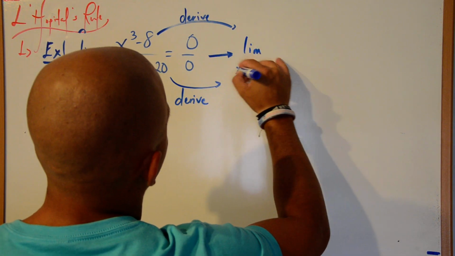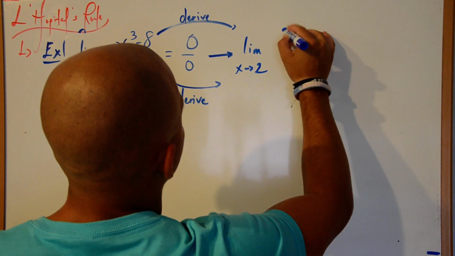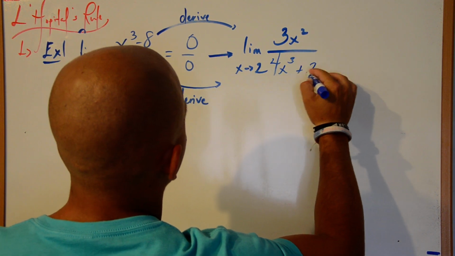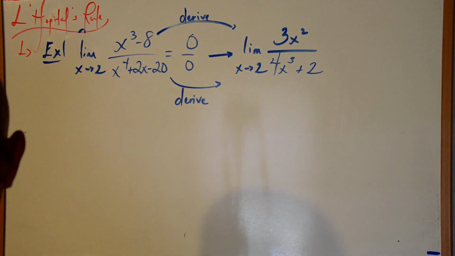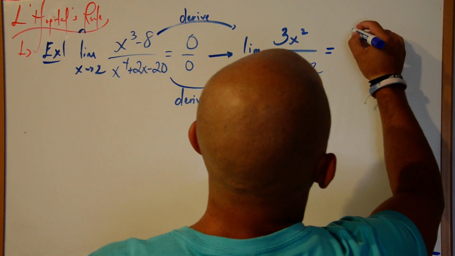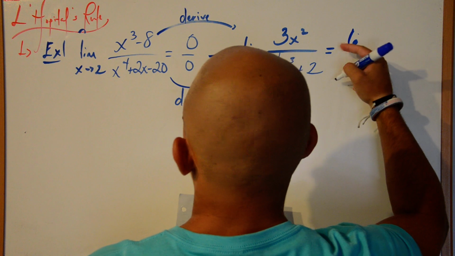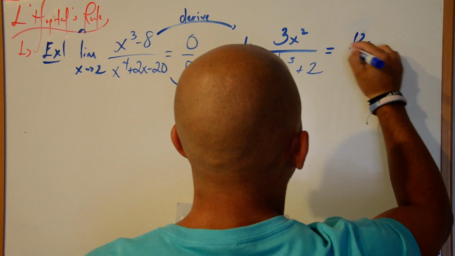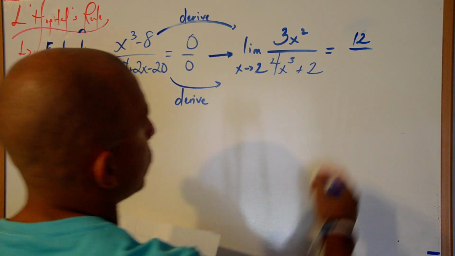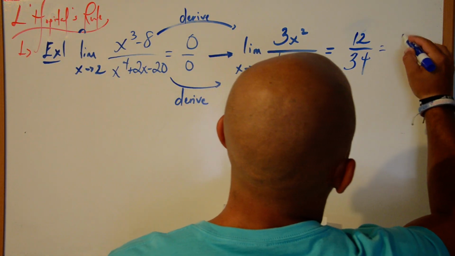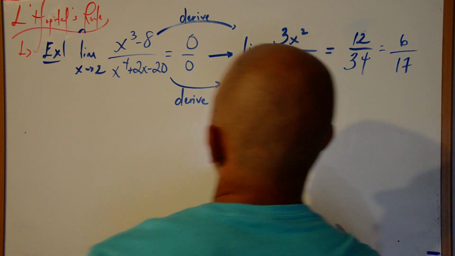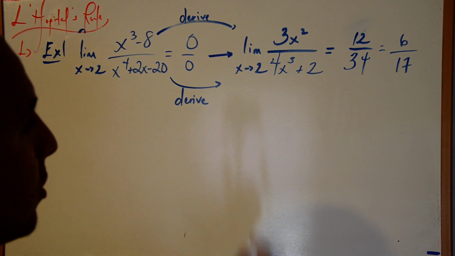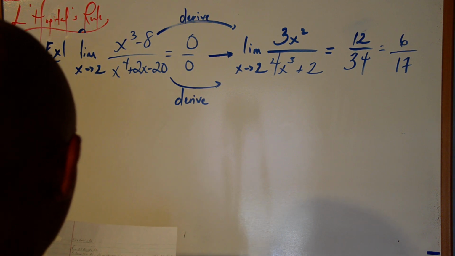So we have the limit as x approaches 2 of 3x squared over 4x cubed plus 2, which is 12 over 34, which implies 6/17. So we can see that the behavior of the function is approaching this value of 6/17.